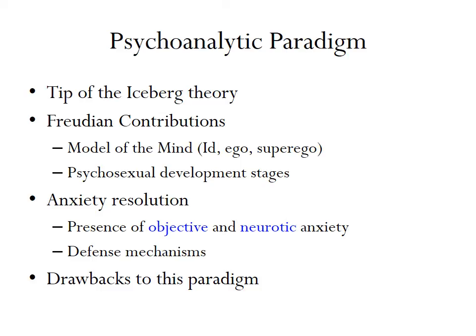Now, in his theory, Freud had many different components to this psychoanalytic paradigm. He talked about the id, the ego, the superego. There was discussion of developmental stages that an individual goes through. The oral, anal, phallic, latent, and genital stages.